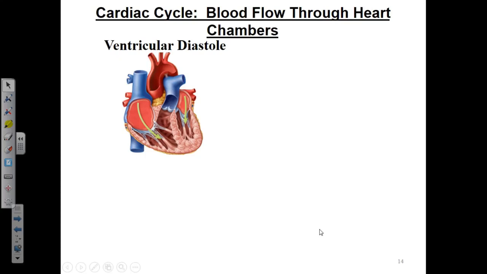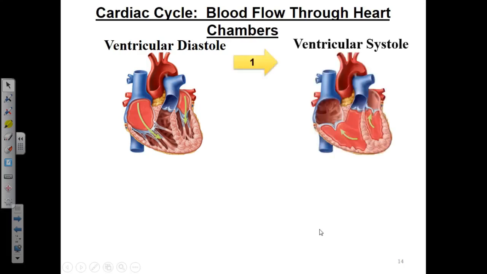If we want blood to flow down the pressure gradient, we have to make sure that the ventricles are relaxed. If they're not relaxed, then the pressure in the ventricles is higher than in the atria, and blood's not going to flow down its pressure gradient in that case. So we start off with ventricular diastole, such that we're going to get filling of the ventricles.